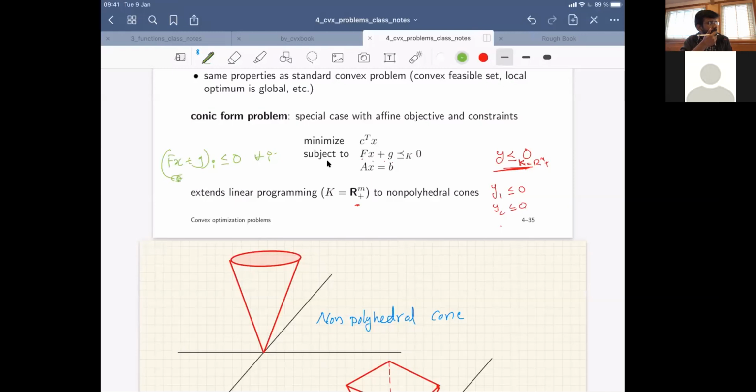So what I'm saying is, you are confused with that. It's not about defining the domain or something. It's how you define the inequality.